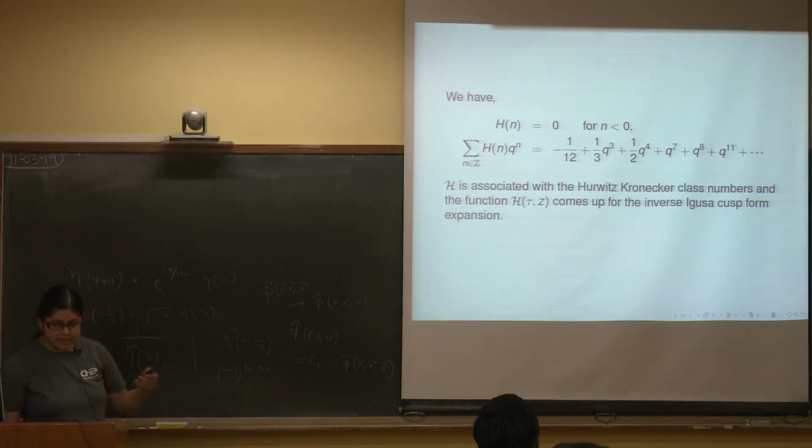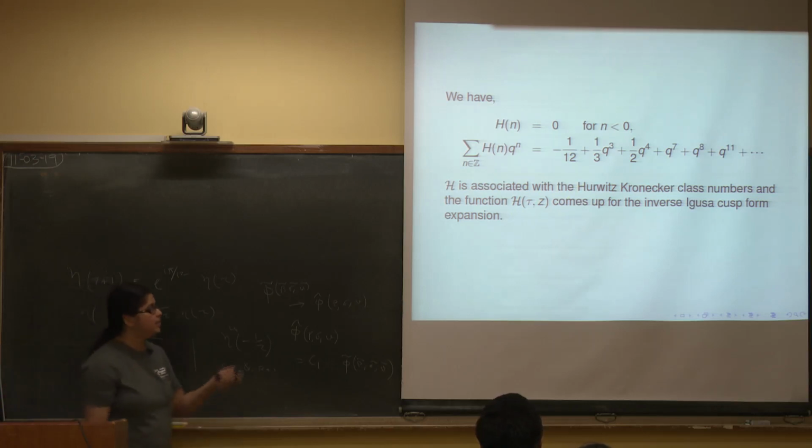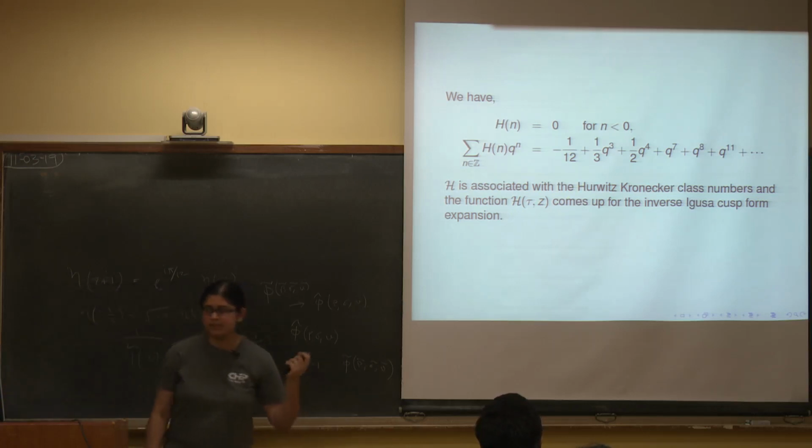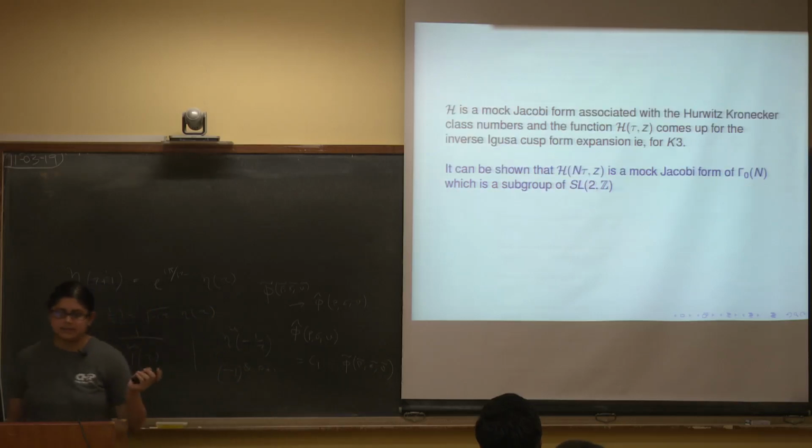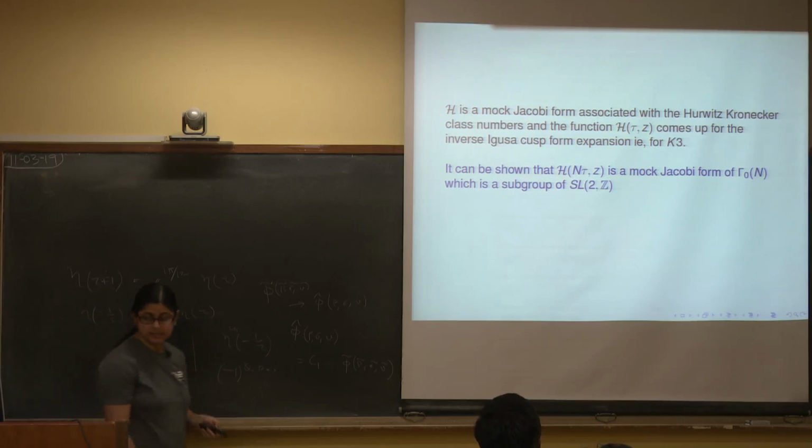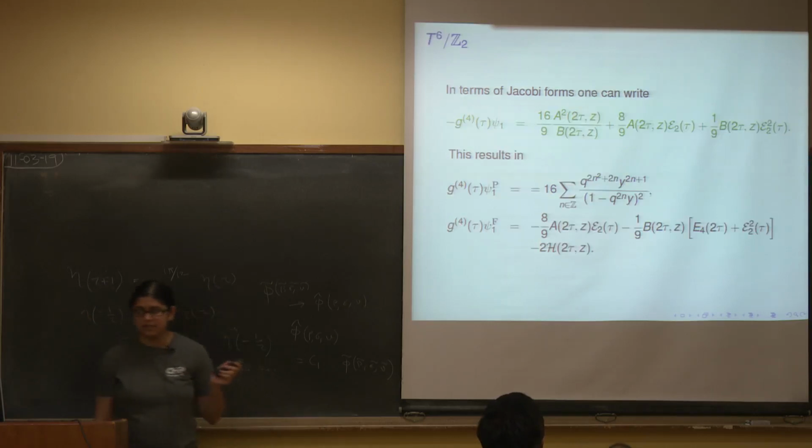This H is the same function which comes for the original K3, but here we have H of n tau, or H of 2 tau, and H is a mock Jacobi form associated with these class numbers. We can easily show that this H_n tau will be a mock Jacobi form of Gamma_0(n) of SL2Z.